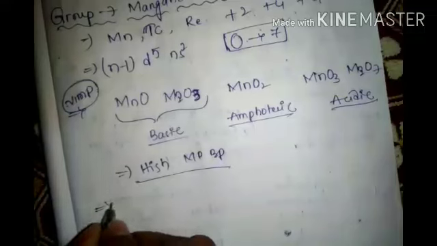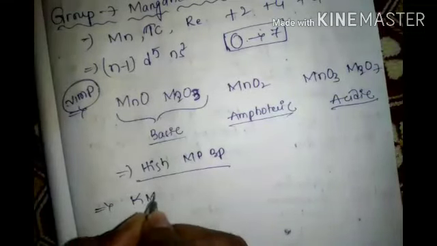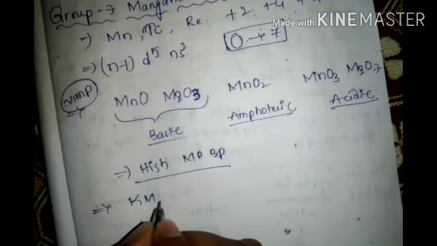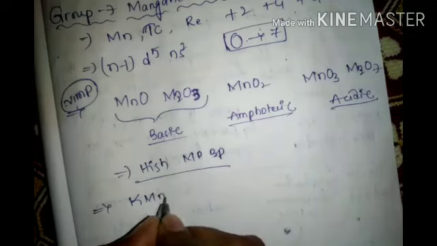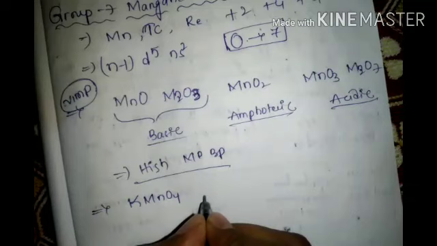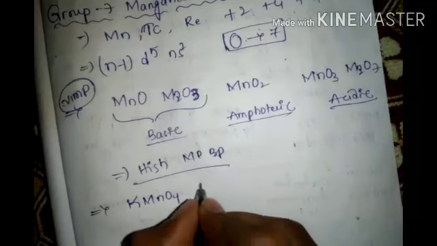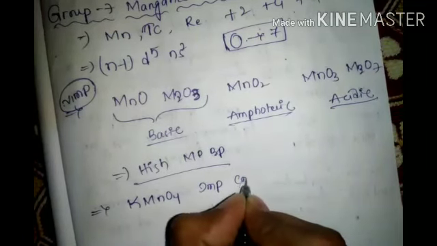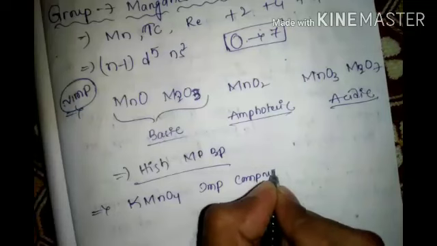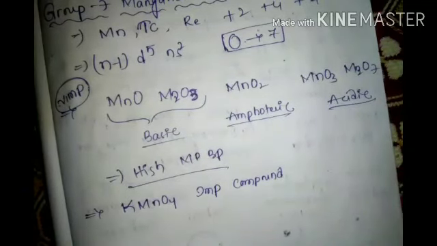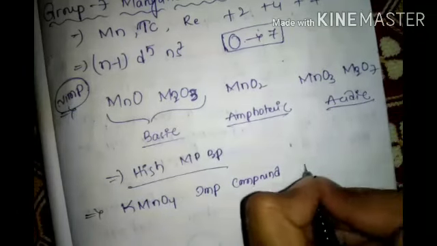The most useful compound is potassium permanganate, KMnO4, which is an important compound. MnO2 is the best catalyst.